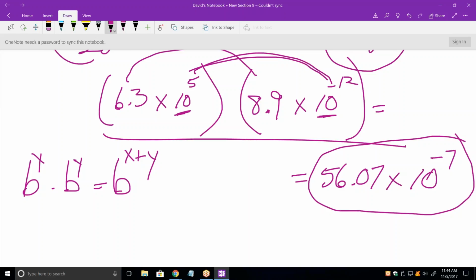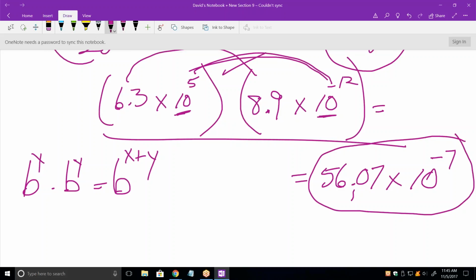If they gave you that problem and said, put your answer in scientific notation, then you have to convert this. Now, how do you convert it? I don't know if that's the problem or not. Are you supposed to put it in scientific notation? Oh, yeah, we are.